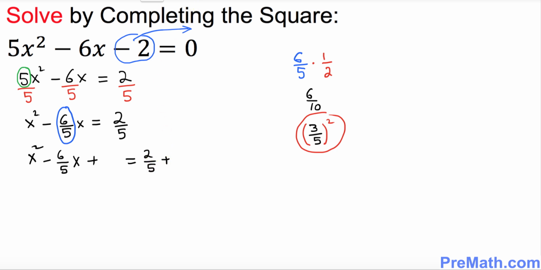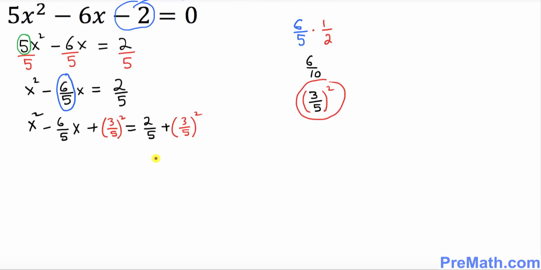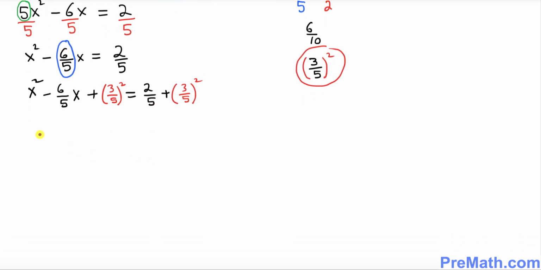Let's add that quantity on both sides: I'm going to put down 3 over 5 squared on both sides, since this is an equation. So the next step is we look at the left hand side. This represents a complete square, and that complete square is x minus 3 over 5 squared.